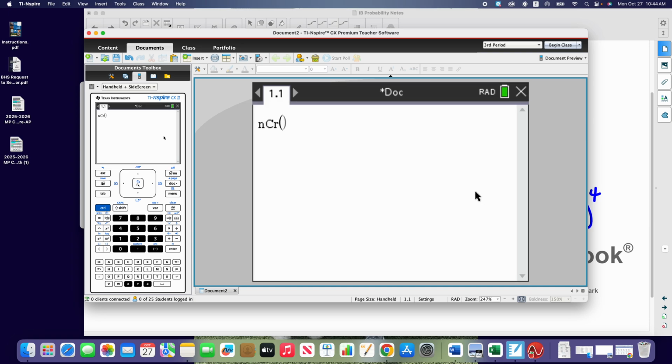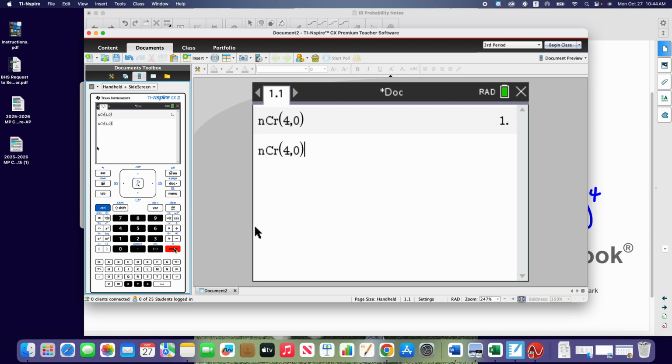So we're going 4, comma, choose 0. I'm going to use my up arrow key and just highlight that again, use delete and do 1. And do that again, delete and use 2. Do that again, delete and use 3, and so forth, and I get that. So I'm getting all those numbers. This is how I get the numbers in my calculator.